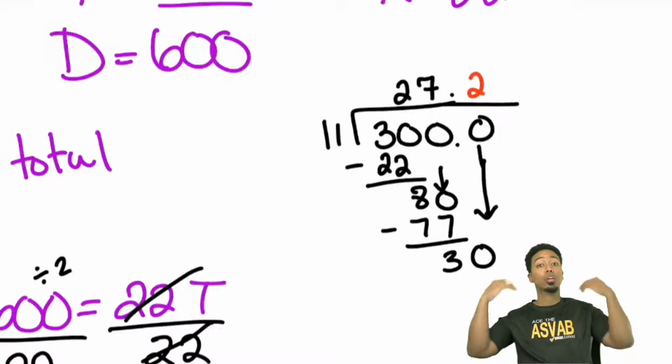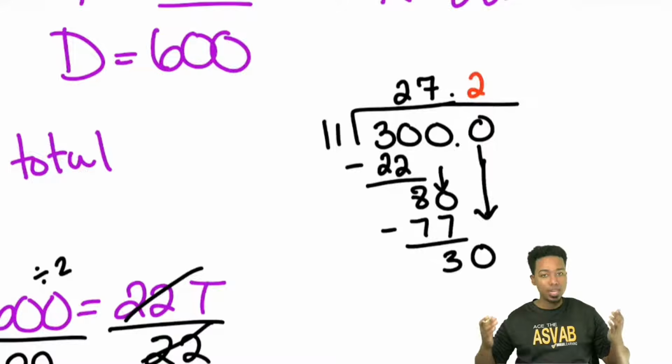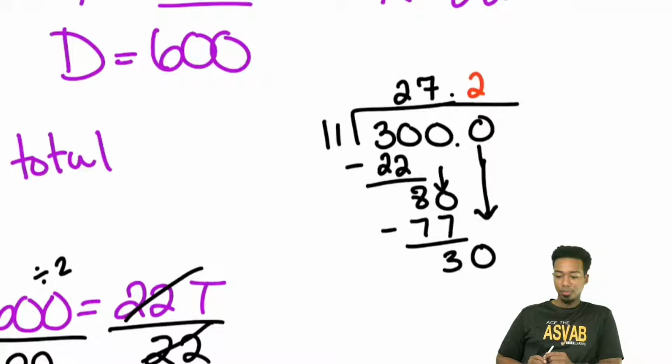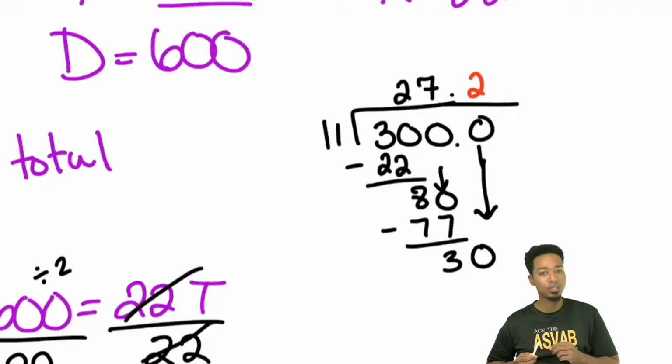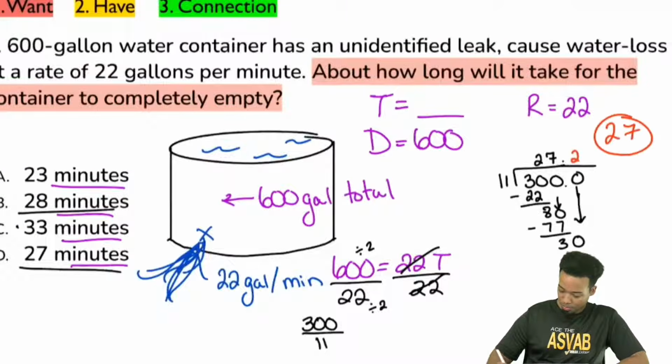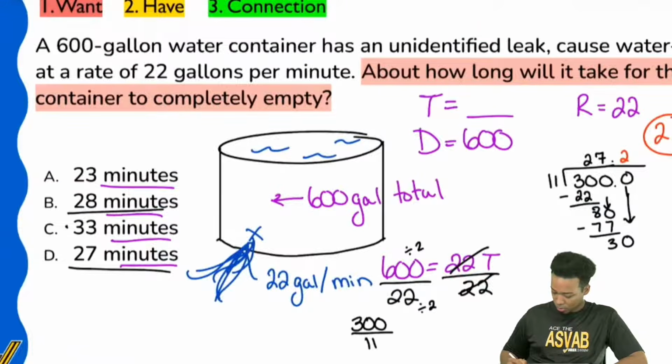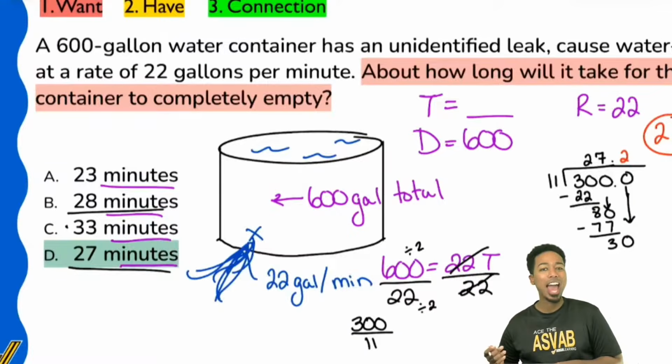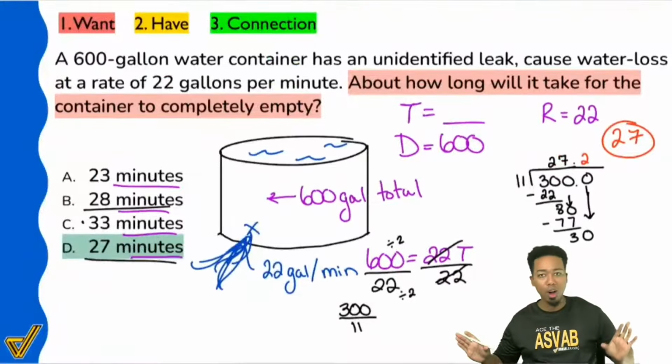Everyone, should we round up to 28 minutes or round down to 27? Right, in this case, we would round down, and that would be 27. And that would be right there, answer choice D. So in fact, it wasn't really a big deal. We didn't have to round up to 28, no problem at all there.